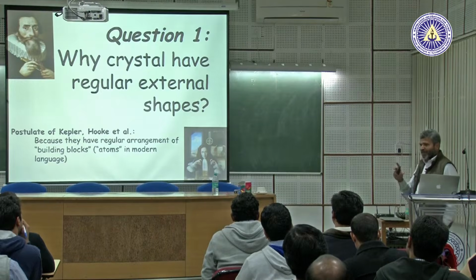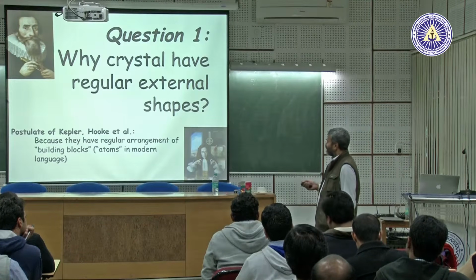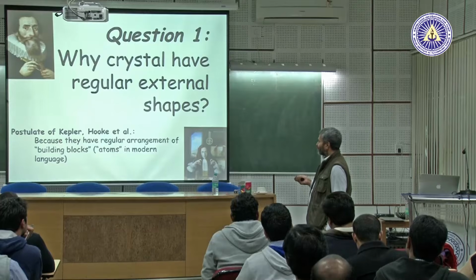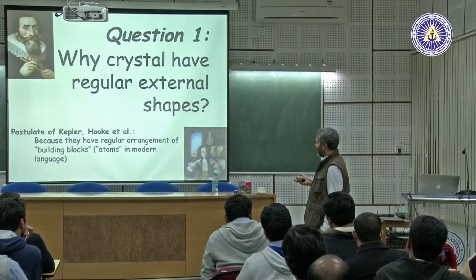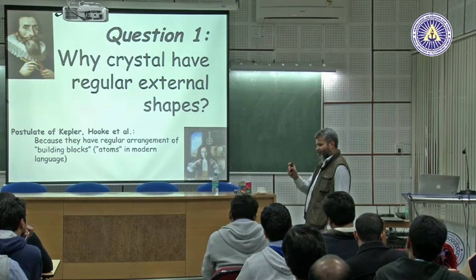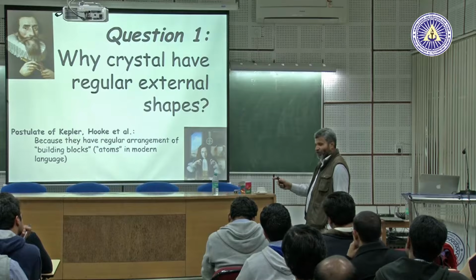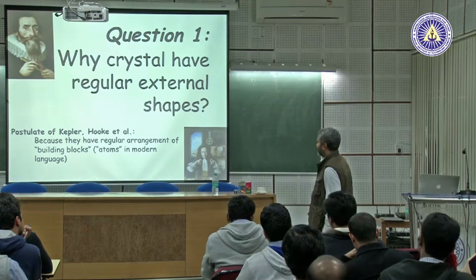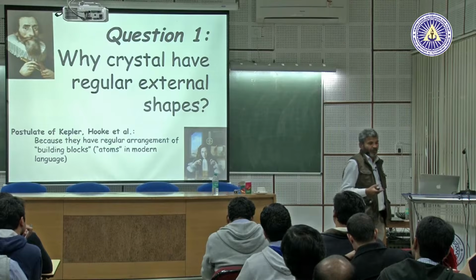And they started guessing a microstructure property relation. Atoms were not even a fashionable word in those days, but they started guessing that there must be something inside. The inside parts are also there, and those parts must be regularly arranged to give you the nice external shape. This was their postulate, which they proposed in the 1750s or so.